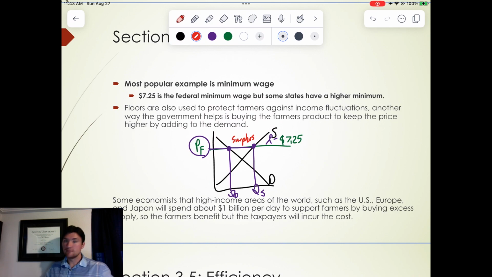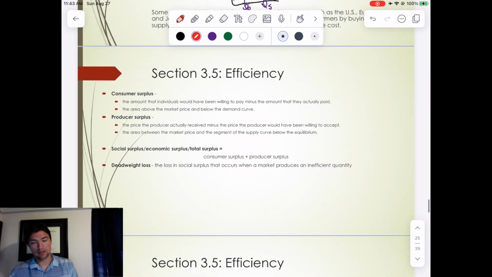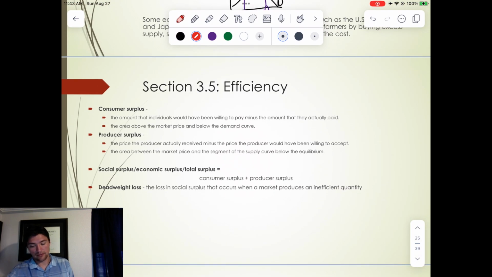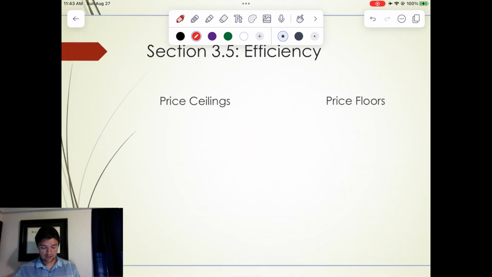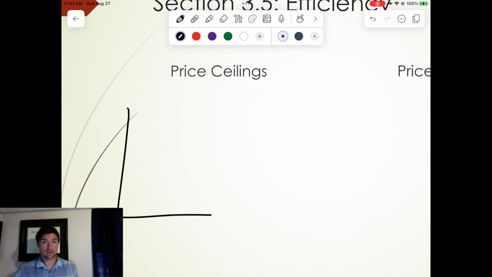We'll go more into that if you want to learn more about it. It's pretty interesting. But that's the whole idea behind price floors and ceilings: we are going to have some sort of situation where price ceilings change the amount of goods bought or supplied.